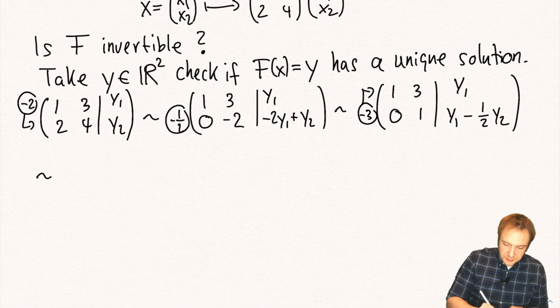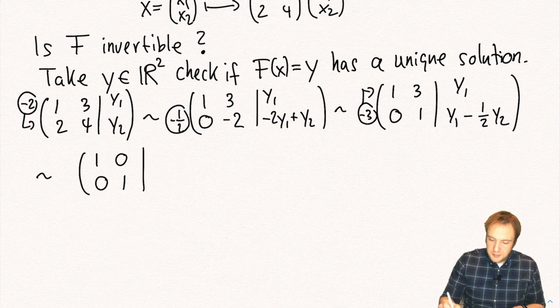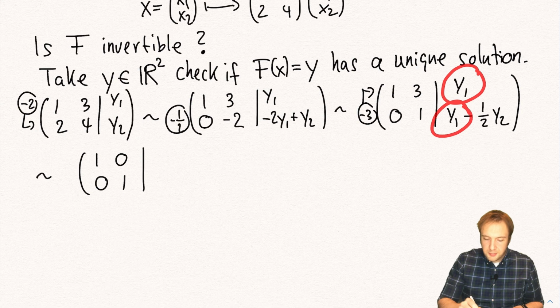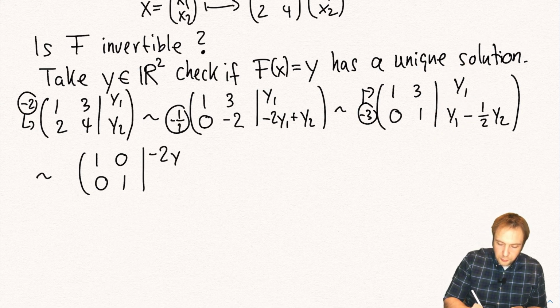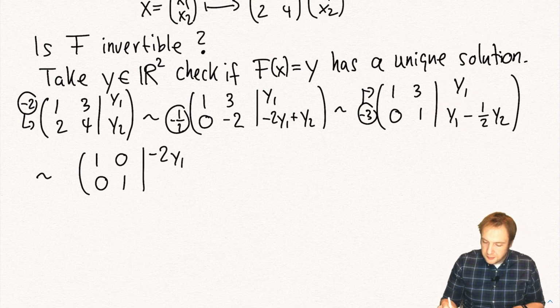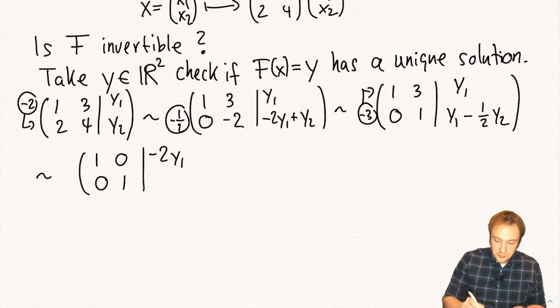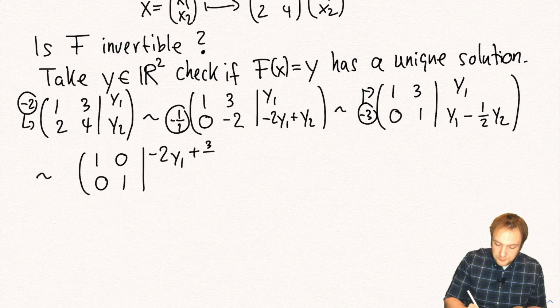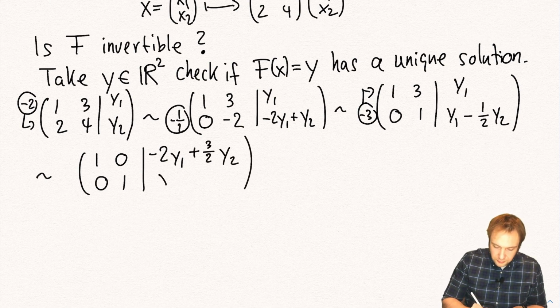And this gives 1, 0, 0, 1. And here 1 y1 minus 3 times y1 is minus 2 times y1. And here I have minus 3 times minus 1/2, so this is plus 3/2 y2. And the second row is still the same.